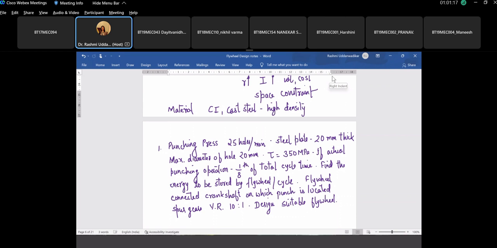It is punching 25 holes in a minute, which means it is moving through the steel plate 25 times in 1 minute, which also means that the RPM of crankshaft is 25. So what is the RPM of flywheel shaft? Yes, it is 10 times the RPM of the crankshaft. So RPM of flywheel is 250.